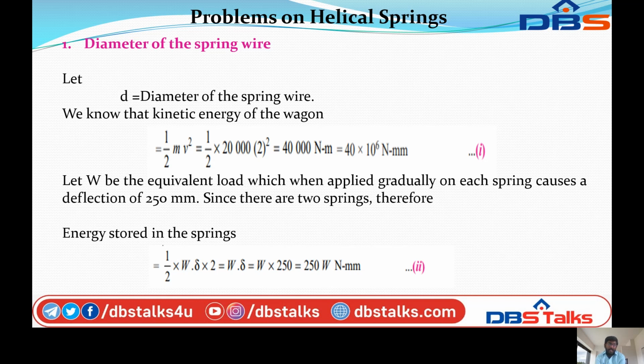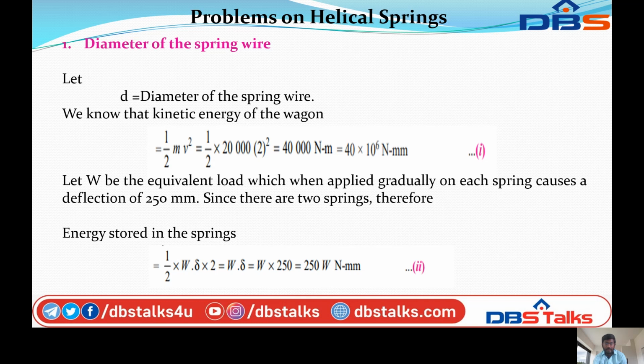Let W be the equivalent load which, when applied gradually on each spring, causes a deflection of 250 mm. Since there are two springs, the energy stored in the springs is equal to half into W into delta into 2, that is equal to W into delta, equal to W into 250 Newton mm.